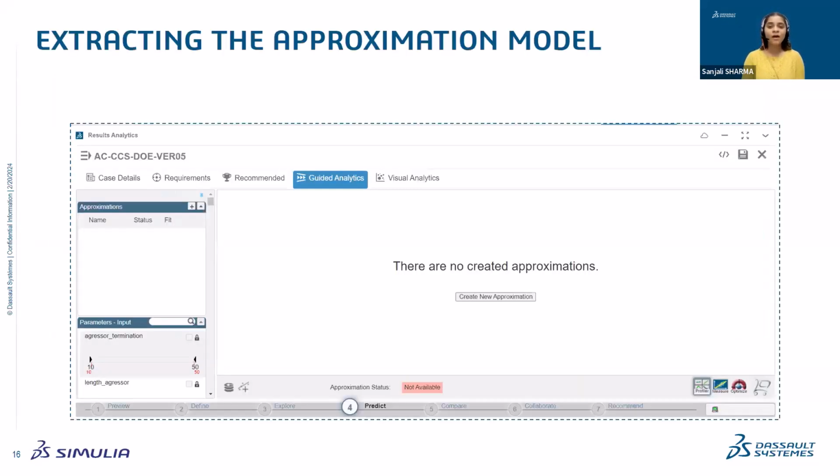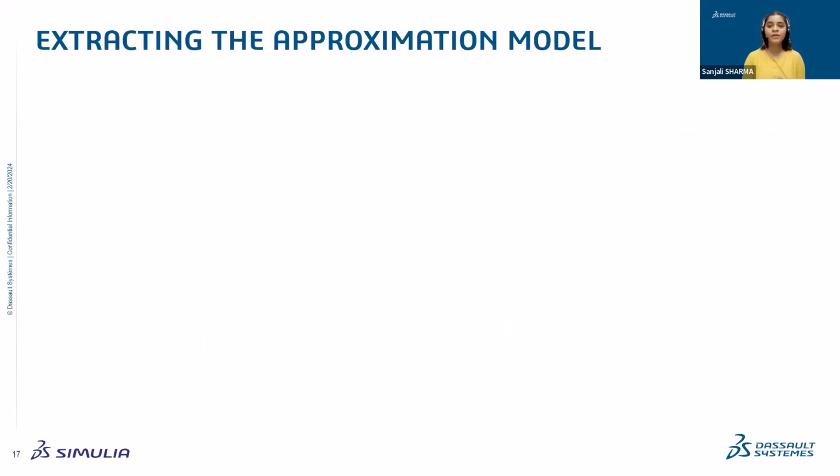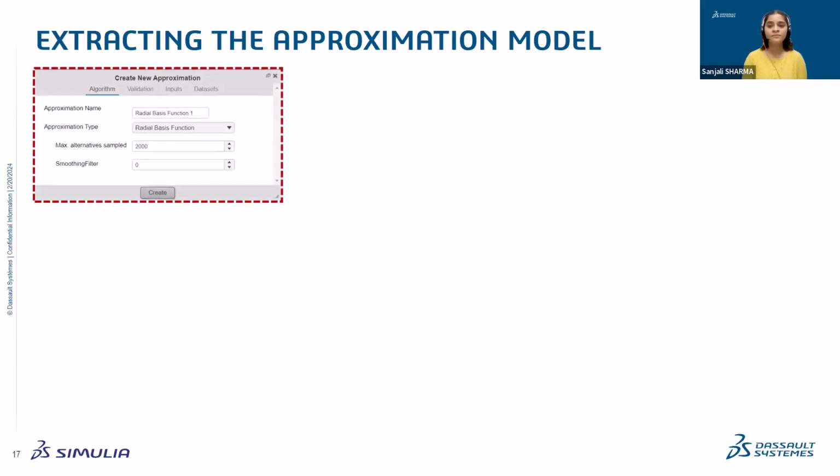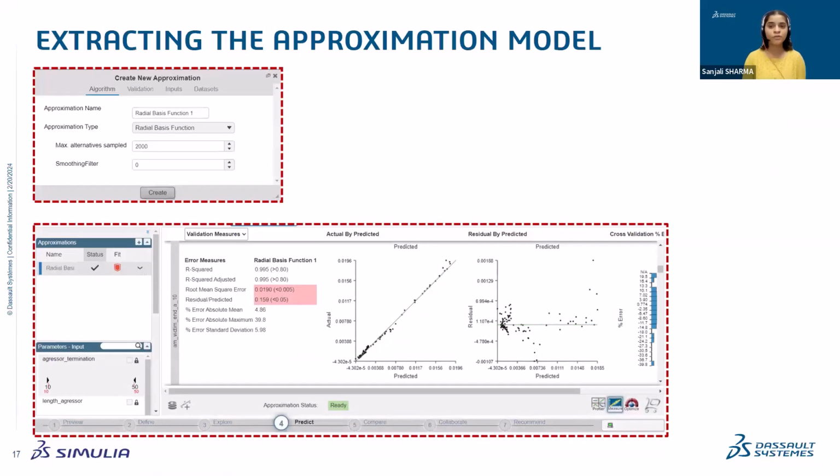Once we get the data of 100 samples in the result analytics app under the guided analytics, we can create a new approximation. And here we have used the radial basis function as our approximation method.